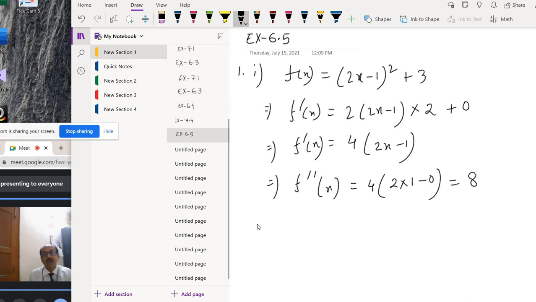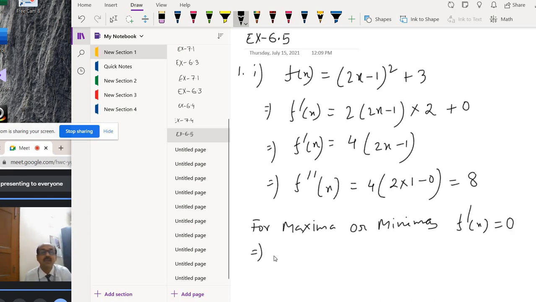Now for maxima or minima, the condition is f dash x equal to 0. So f dash x equal to 0 gives 4 into (2x minus 1) equal to 0.